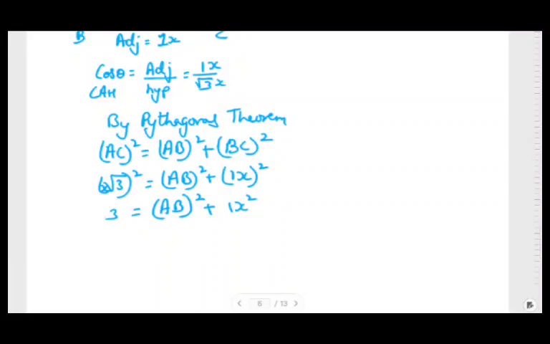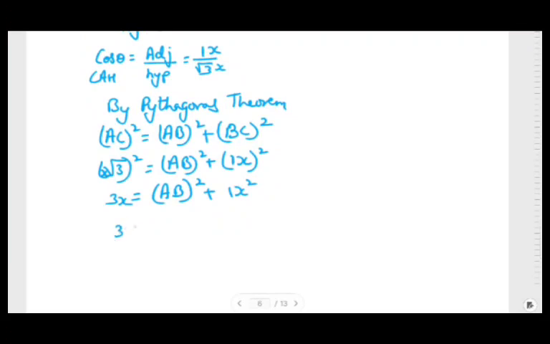Oops, it's x. So it's going to be 3x square, children, because the square sign will apply to the x and to the root as well. Do not make these mistakes, children. So 3x square minus 1x square is equal to AB the whole square.